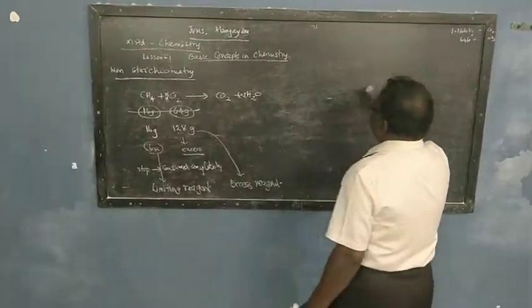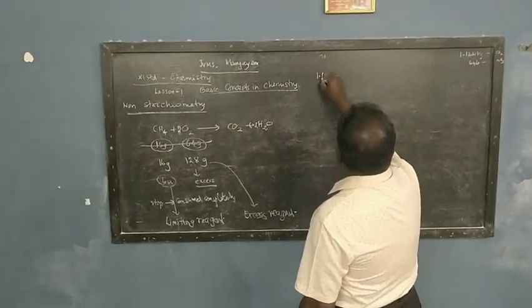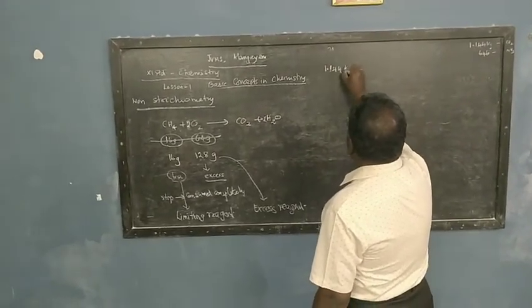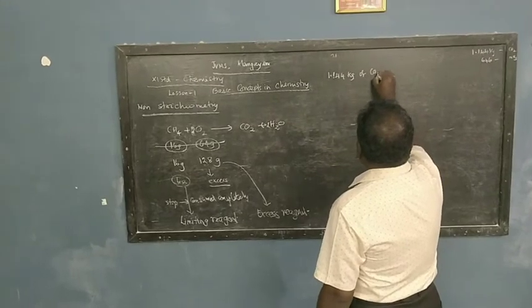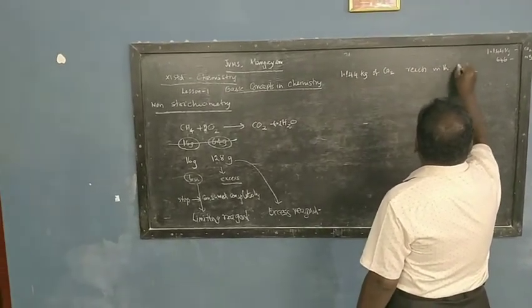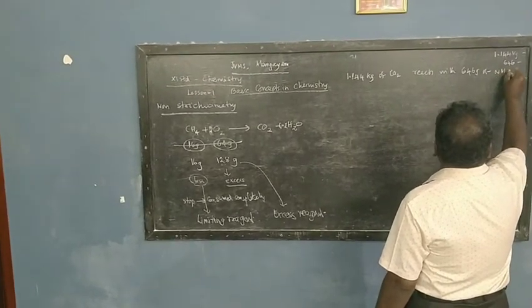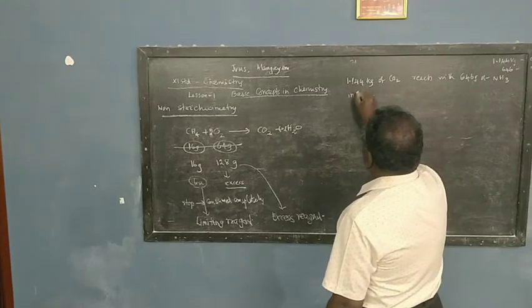For example, we have 1.144 kilograms of carbon dioxide reacts with 646 grams of ammonia in the urea formation.